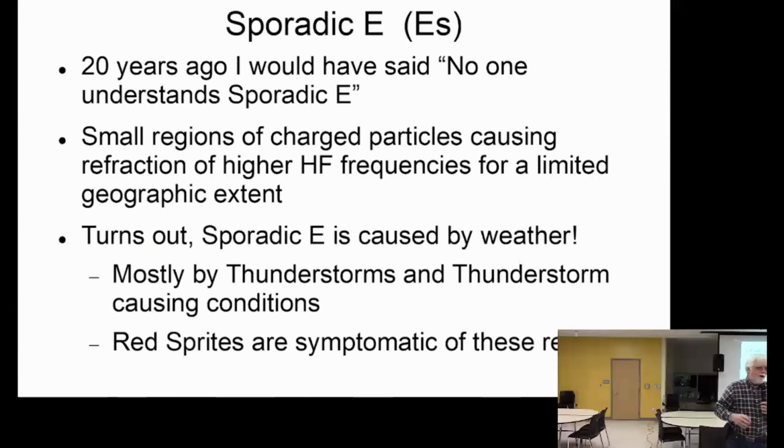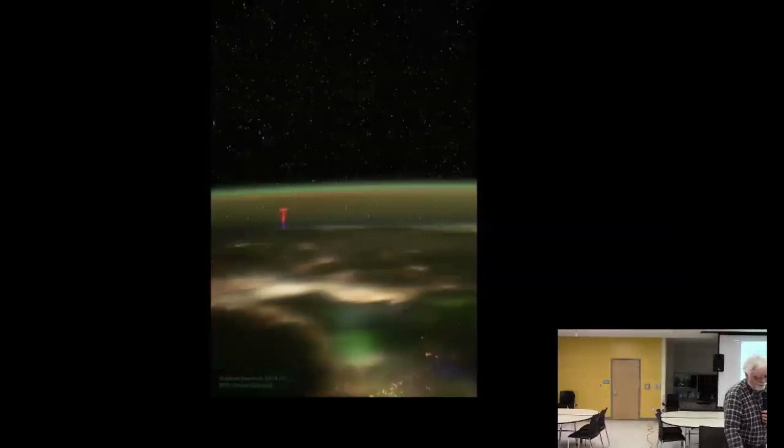But it works the other way. You can go up. You've got these charged regions above the thunderstorms, and the charges in the upper area of the thunderstorm can go up. This was not fully recognized for a long time.